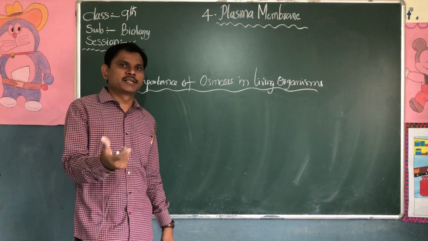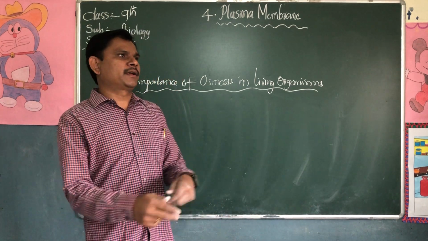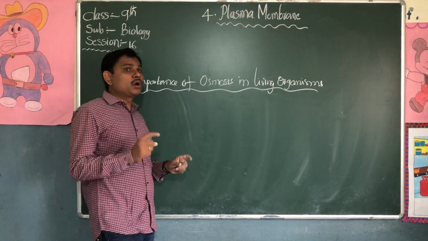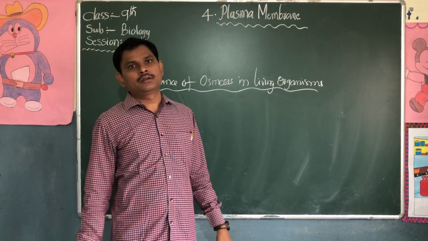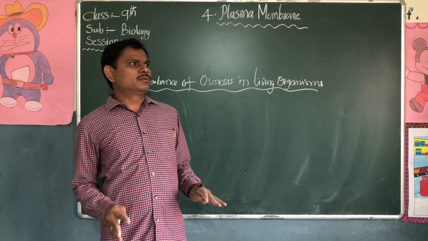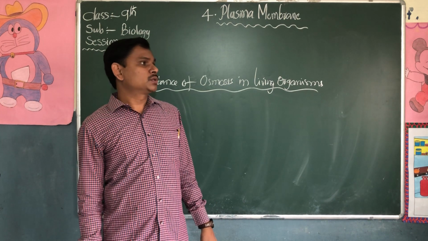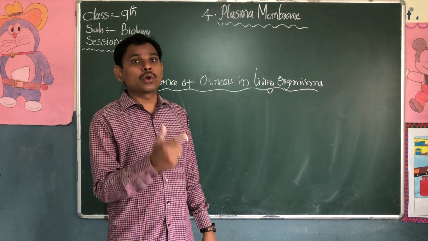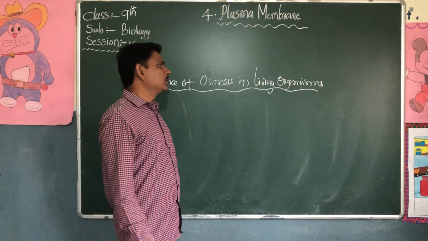What is osmosis? We already discussed that molecules move from low concentration to high concentration. Osmosis is required for the closing and opening of the stomata. If there is more sunlight or more temperature, the stomata automatically close.